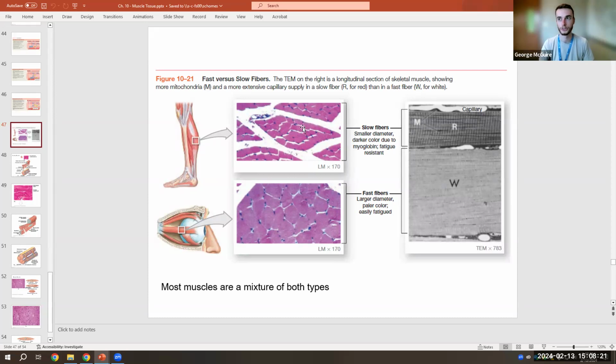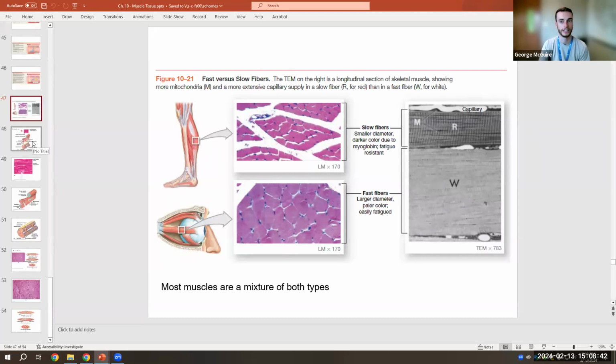So most of the dark meat that we are consuming is slow fibers, and most of the white meat would be fast fibers. Right? So the legs and wings of a chicken are dark meat, because they have the slow fibers, and then the breast is white meat. It has those fast fibers. So I thought that was kind of cool.